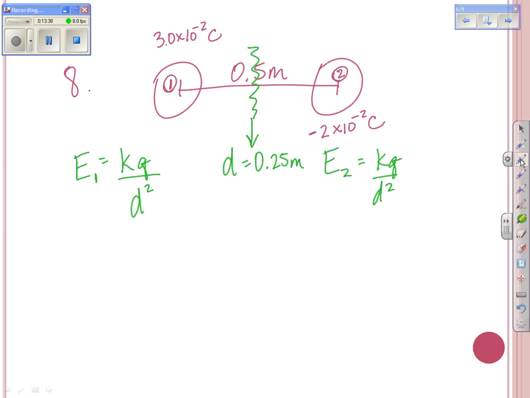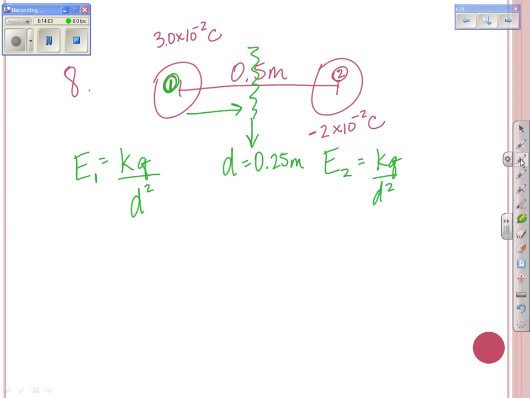Now, this one on this side, let me draw this, the number 1 Van de Graaff generator, has a field that is pushing that direction because it's positive. If I dropped a positive charged particle in its field, it would be pushed away. It's going to repel.